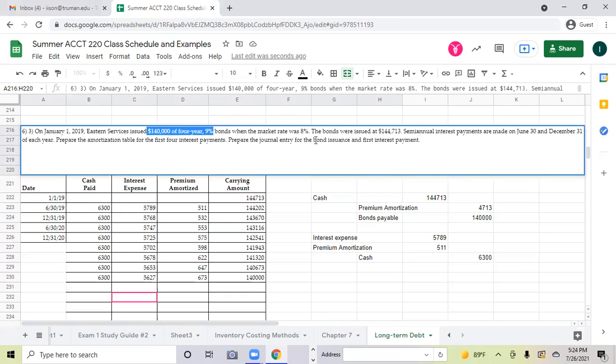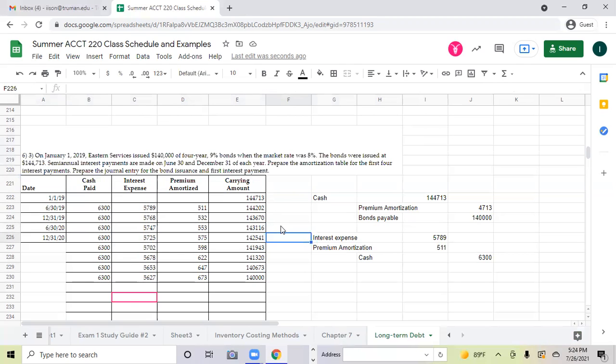So if the market rate was different, instead of changing the interest rate, they would just change how much they actually paid for the bonds. And so we just continue to do that to this day. So even though we issued $140,000 bonds, we received extra money because the market interest rate was lower than the stated rate. So it's kind of interesting.